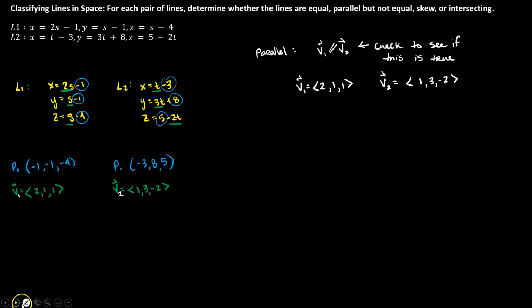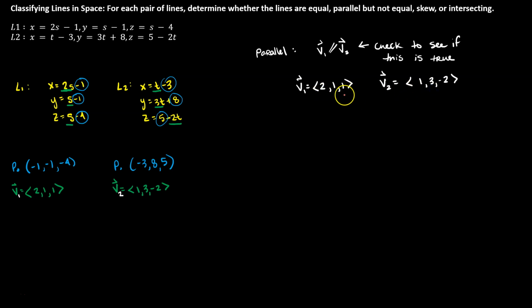Now I want to look at the corresponding components and figure out, is there one scalar that I can multiply to make the corresponding components match? Looking at the x components, I would maybe suspect that that scalar has to be 2. But then if I look at the y components, I can see that the scalar 2 doesn't work there. And it doesn't work for the third components either.